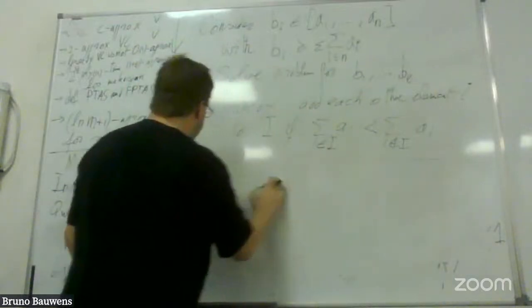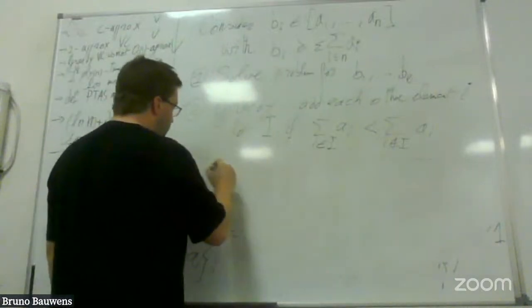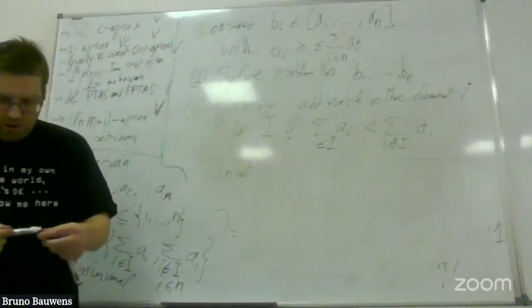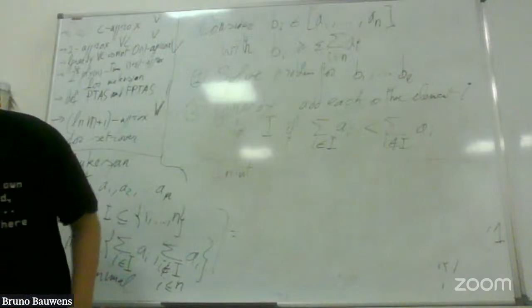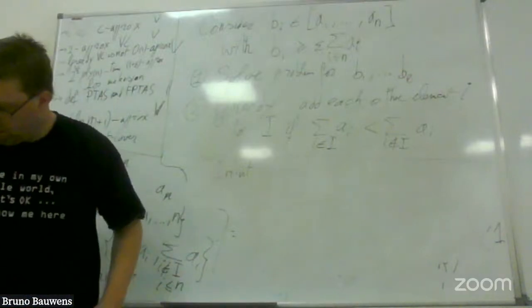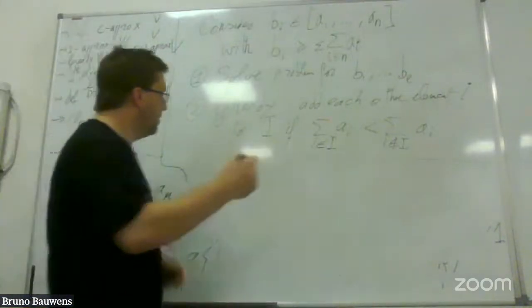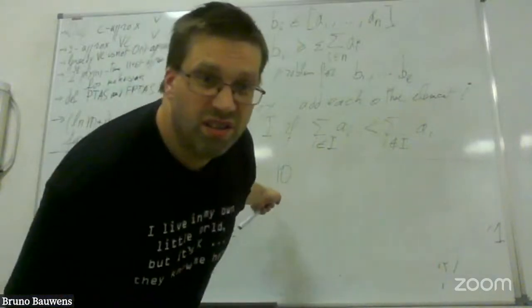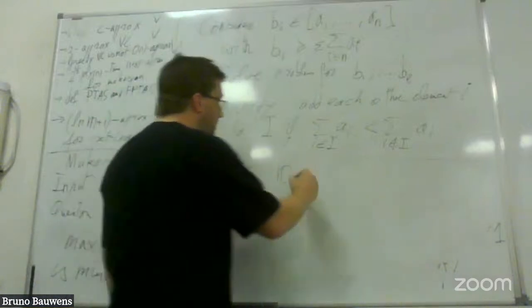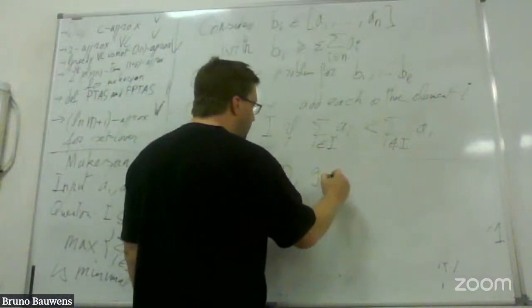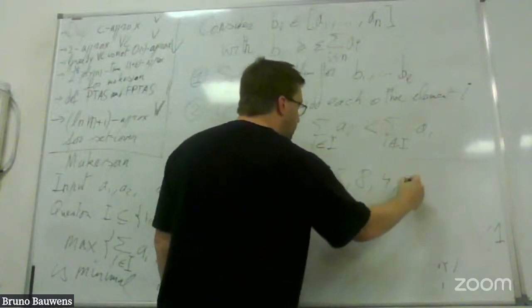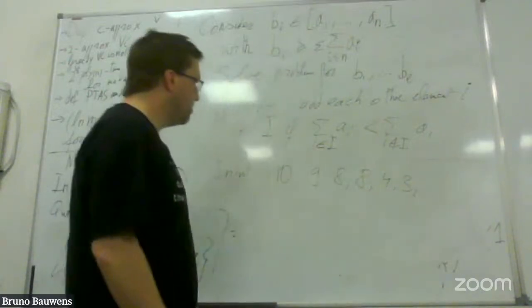So let's create some list, so some input. For example, is this readable? Yes. So 10, 9, 8, 8, 4, 3. Wait, I should be a bit clever.